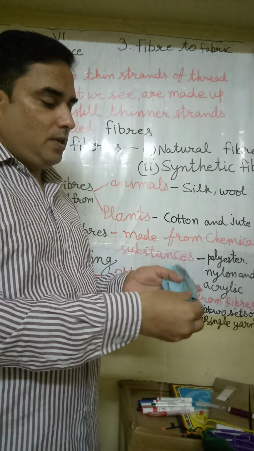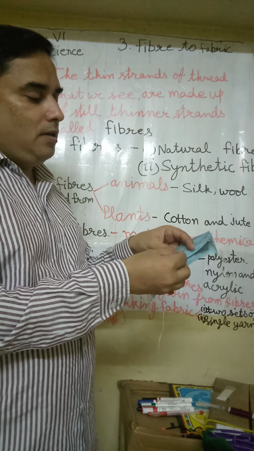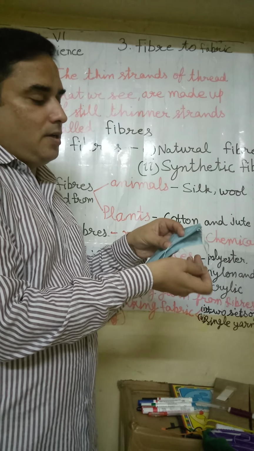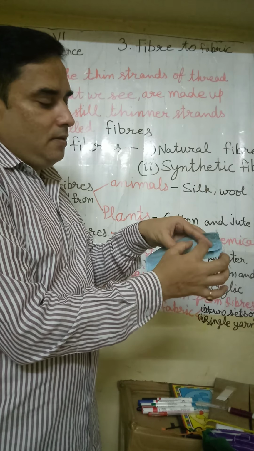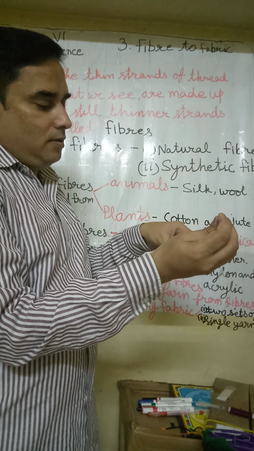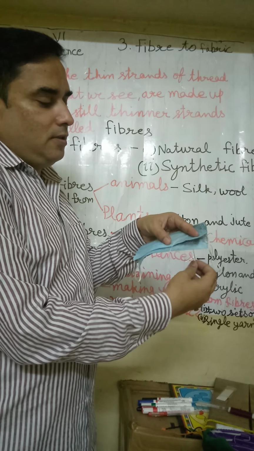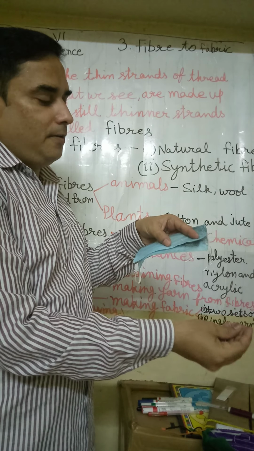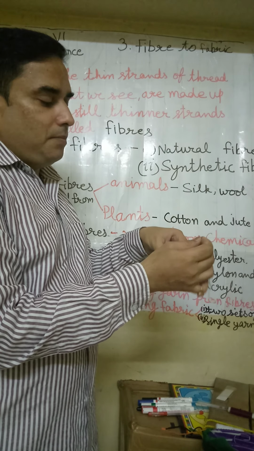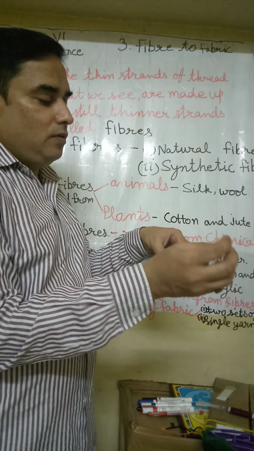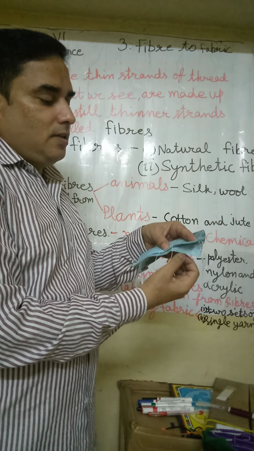You can see here, I can make a design. This is a single strand. Students, this is called knitting. You can see in the socks example and other woolen clothes, there are single strands.